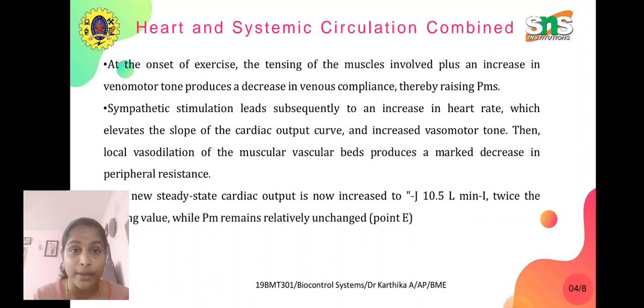Then the local vasodilation of the muscular vascular beds produces a marked decrease in peripheral resistance. Here, the new steady state cardiac output is now increased to 10.5 L min^-1, twice the regular value, while PMs remains relatively unchanged at point E.